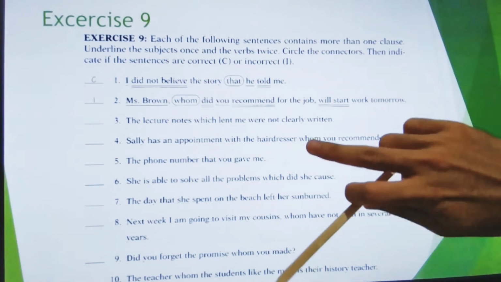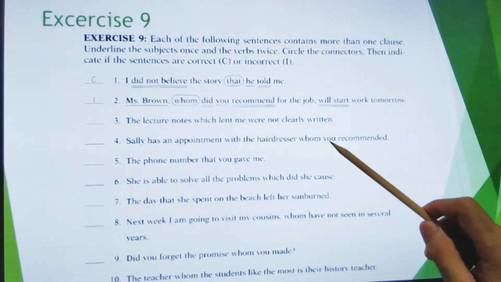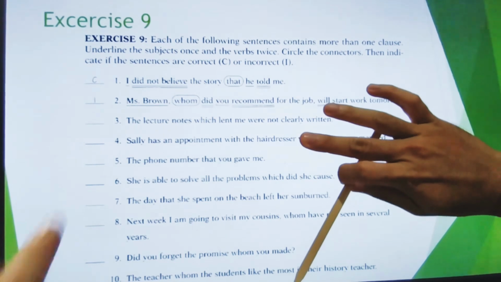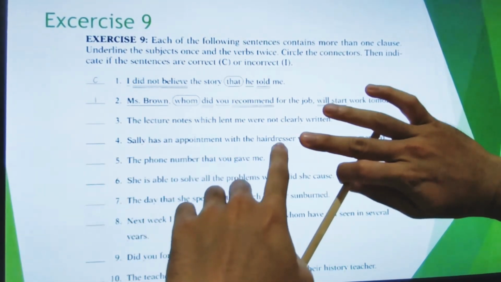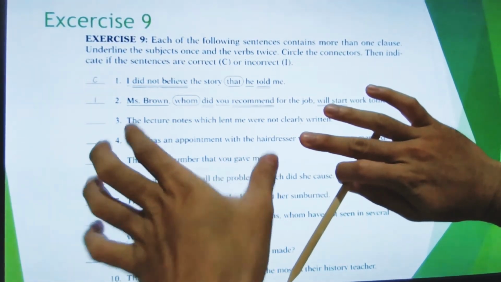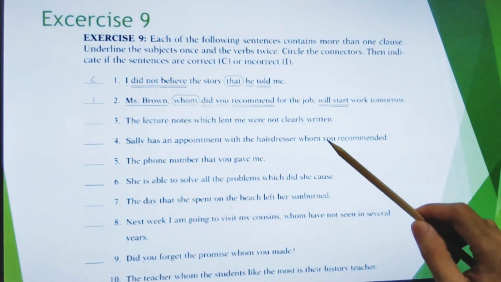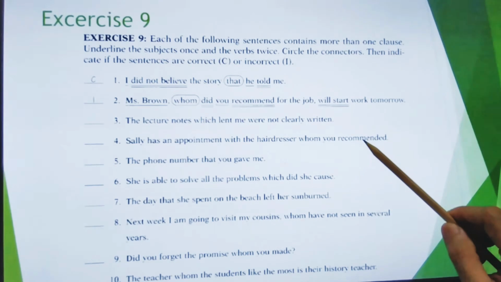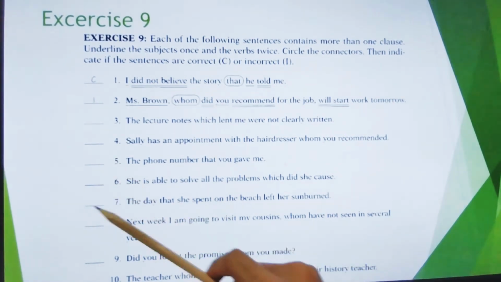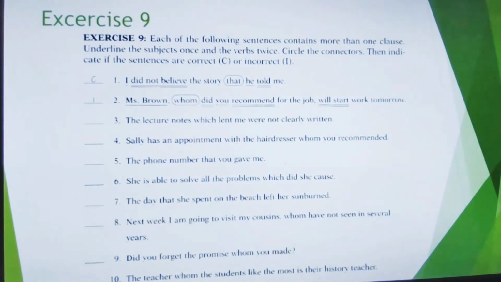If we just omit this, we follow with the subject. Okay, good. Sally has an appointment with a hairdresser. The sentence is still correct, but what about this? Is it correct? After whom, we have subject, dependent subject, and dependent verb. Okay, good, correct. So number 5.